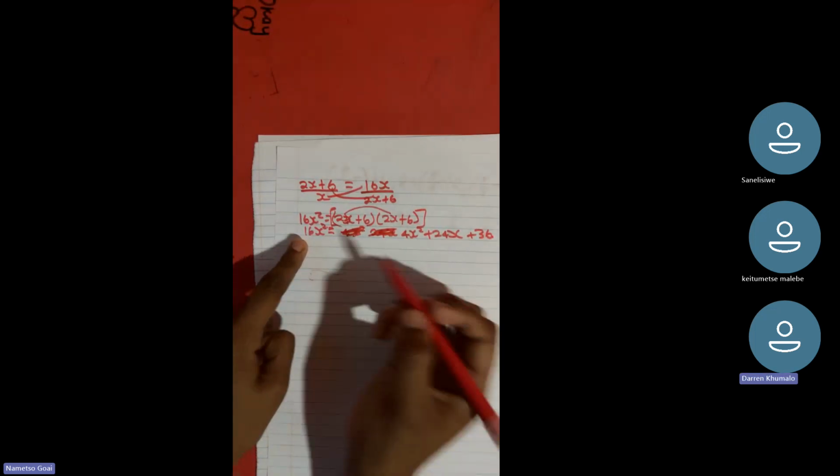Now, because this is squared, we want to make this a quadratic expression. We have to transpose this to this side, right?